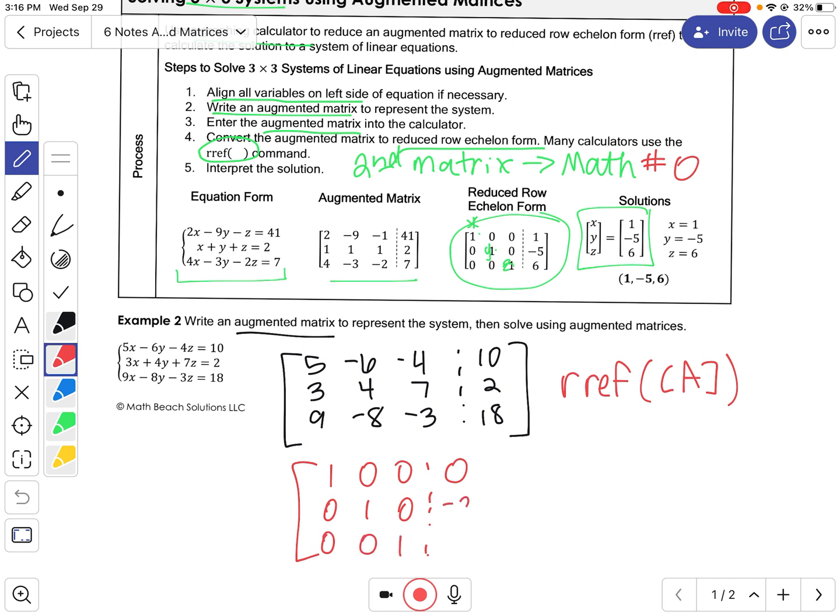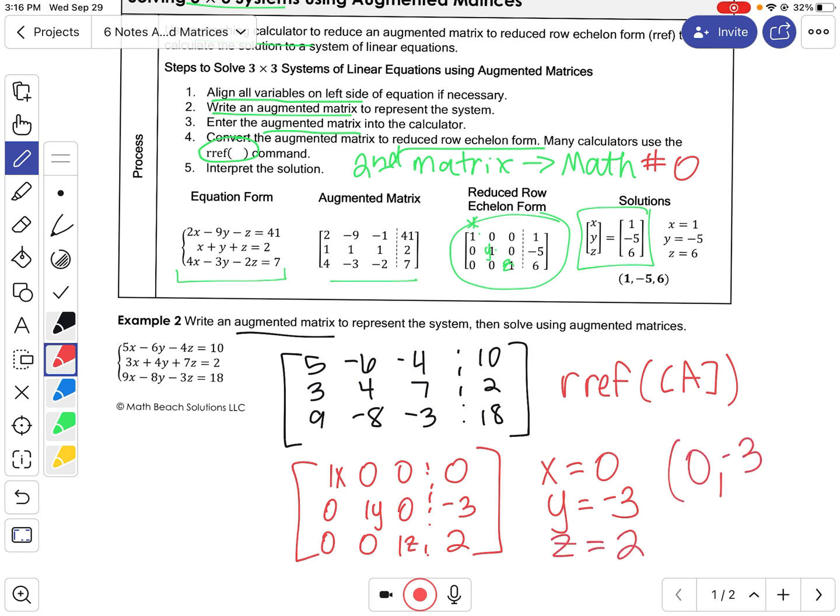We got a -3 here and a 2 here. So always leave that dotted line in between that last column there. So this tells me that x equals 0. This tells me that y equals -3 and z equals 2. So there's my ordered triple, 0, -3, and 2.